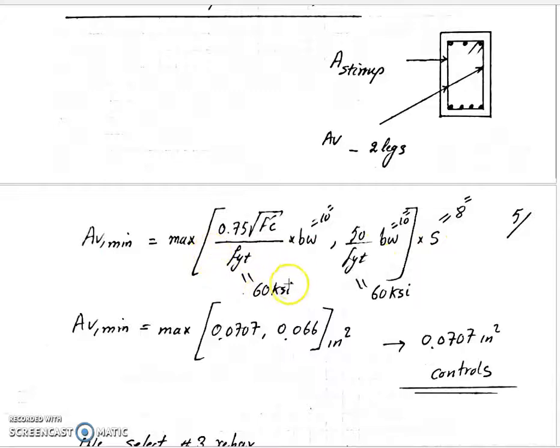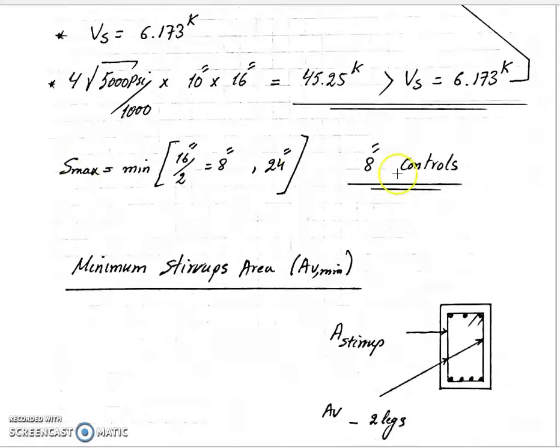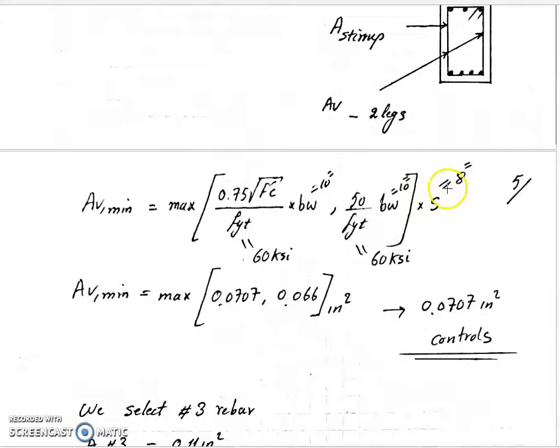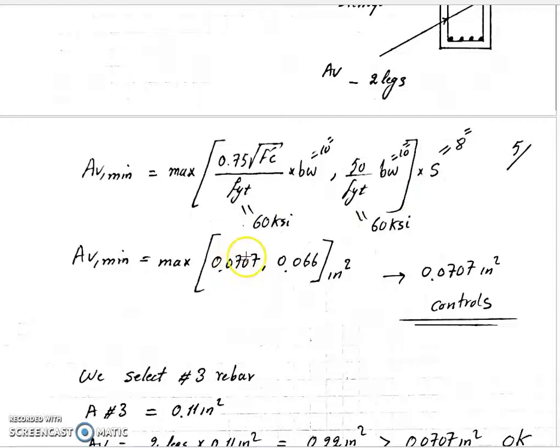So we have fyt, we have bw, we have fc prime, and we have s, which is already selected from here, s max, 8 inch. After plug and chug all these values, we can get the minimum Av is 0.0707 square inch. This one controls.